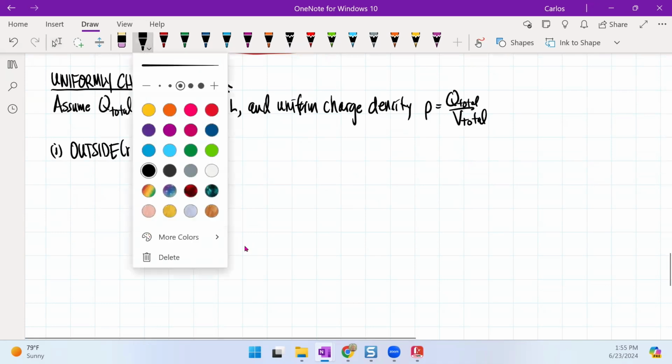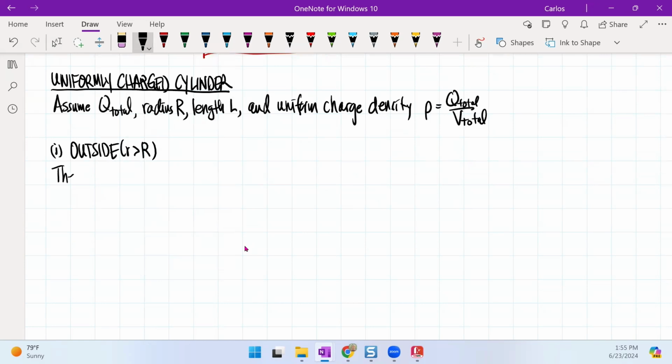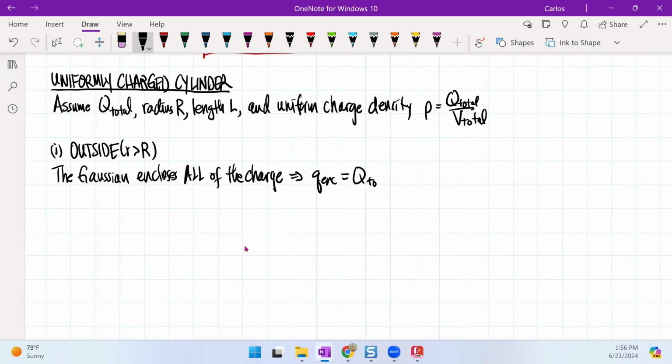What we're saying here is that the Gaussian encloses all of the charge. So it immediately tells us that Q enclosed has to be Q total. Now, this is tricky, so let's see if we can draw the picture to clean this up a little bit.